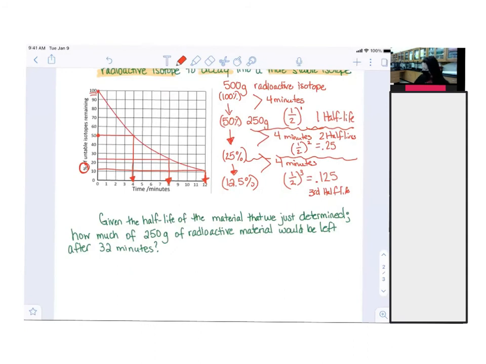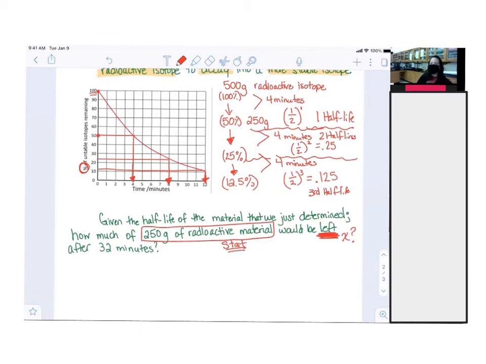The next question says, how much of a 250 gram material would be left after 32 minutes? So left is my unknown. My 250 grams, that's the amount I'm starting with.